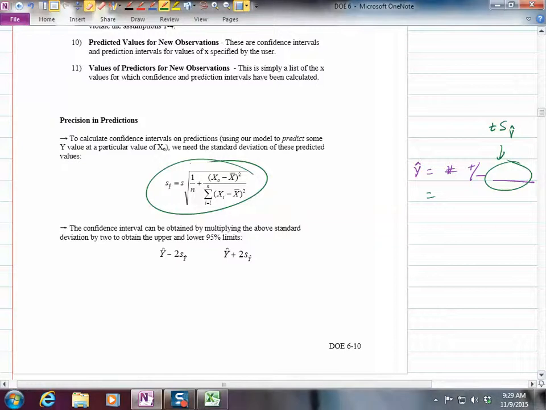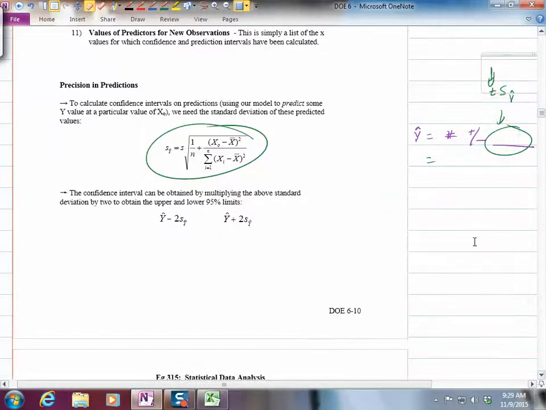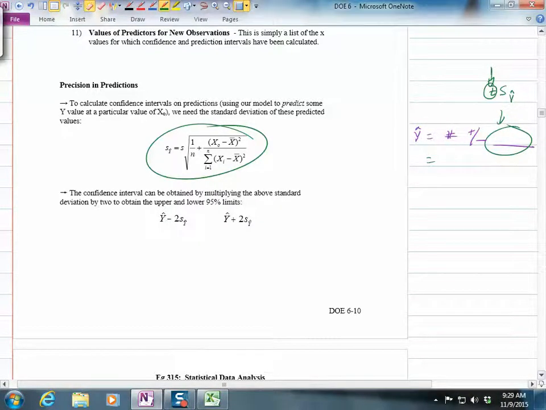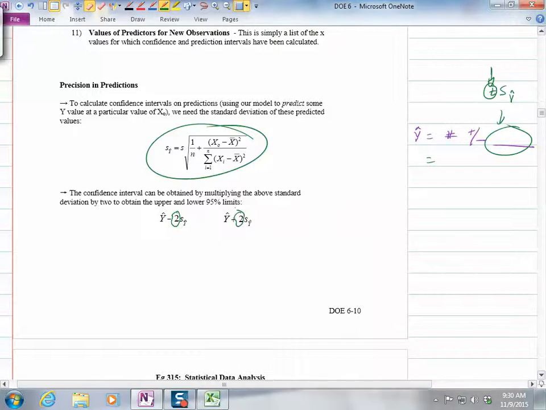And then out in front, we need a t-value, and for some strange reason, just how statistics grew up, you can do that, and that would be consistent with whatever we've done, but how people have just done it over time is to say, well, we know that t-value is between 2 and 3.